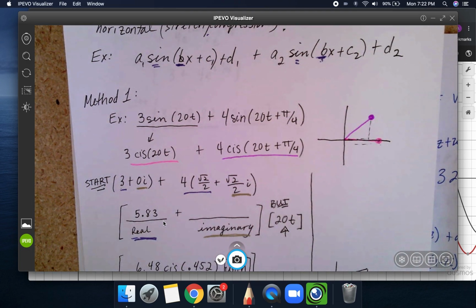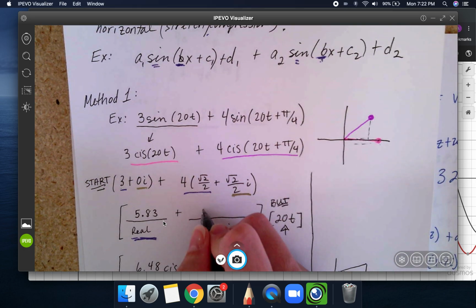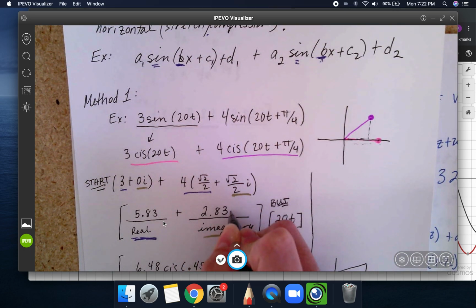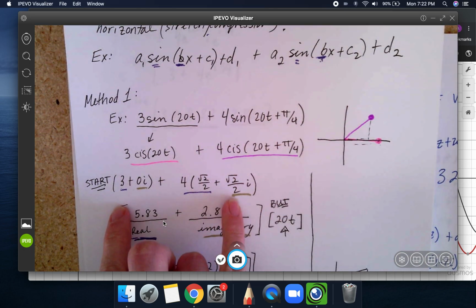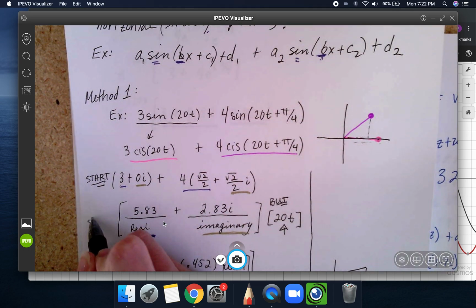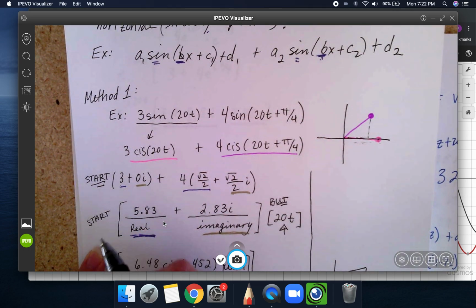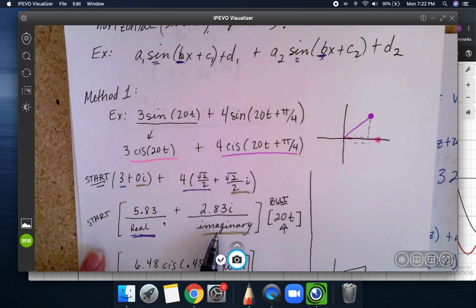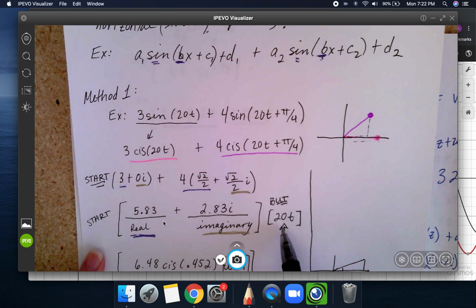And it ends up being 2.83i. So we've blended these together and saying when they start, and t equals 0 basically, where are these going to be? But we have this 20t here, and it's not like we're multiplying it in per se, because it's really a component of a function that's nested inside of these things.